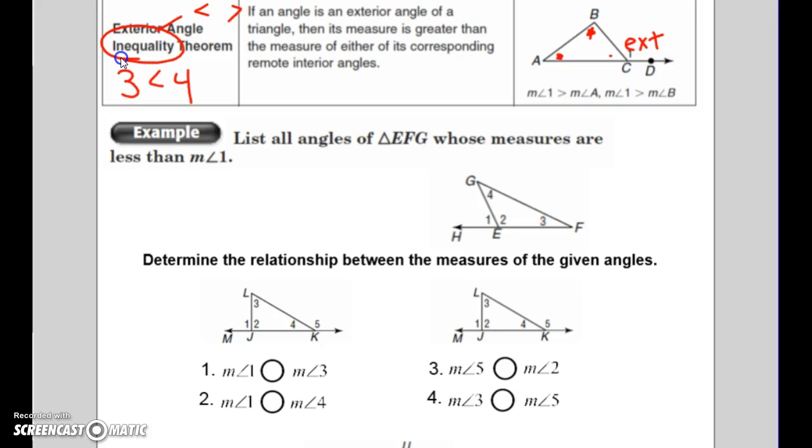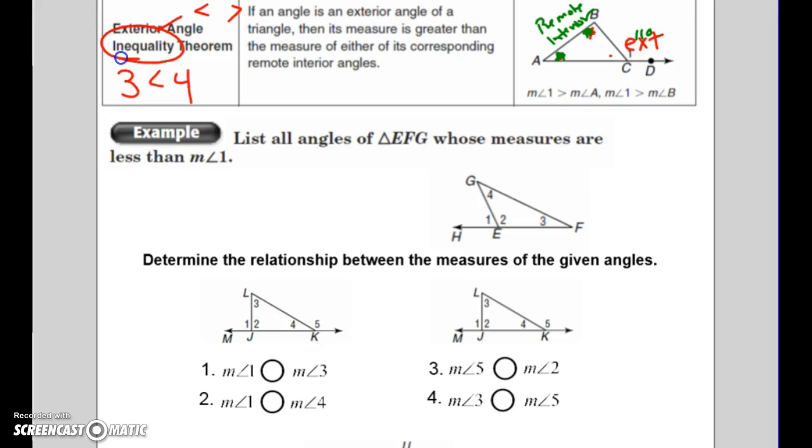And on the other side, what do I need to use with them? Adjacent interior. What would I use because they're on the other side of the room? The remote. Very good. These two right here are considered to be my remote interior.